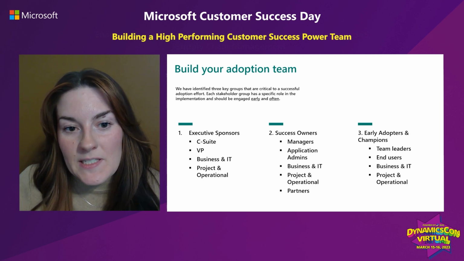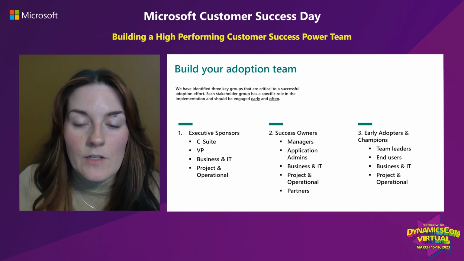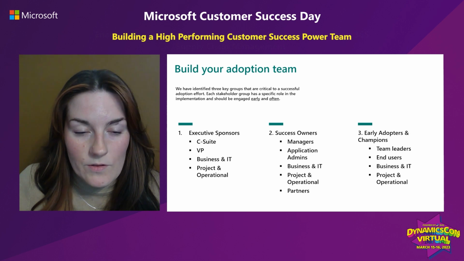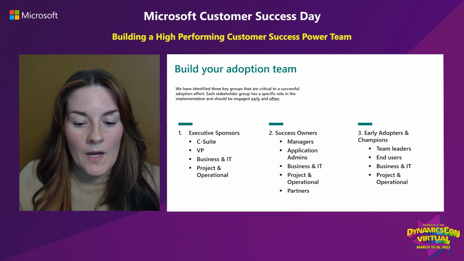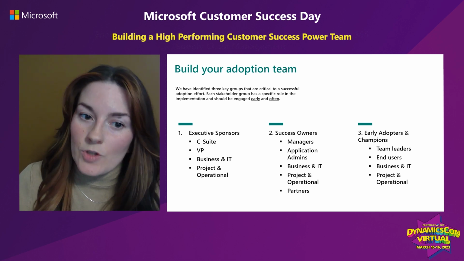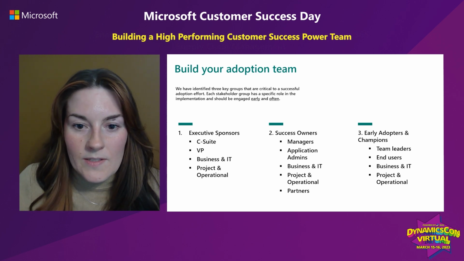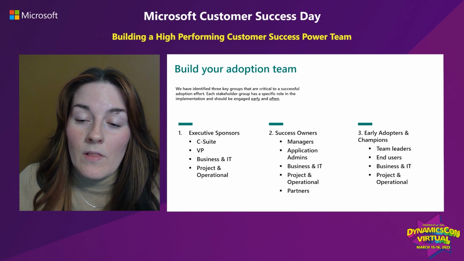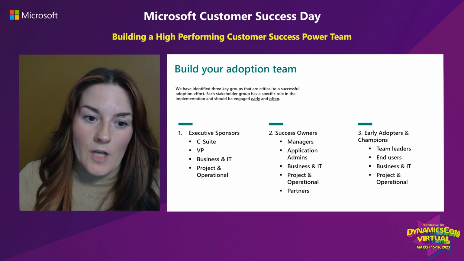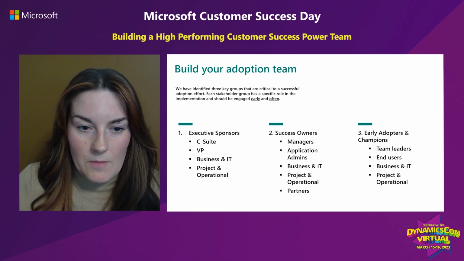Think about the implementation team versus the team that you will need to sustain and grow a solution. And so just as an example of structure, we've seen many customers adopt a COE or a Center of Excellence structure to build out the life cycle of a strong adoption team far past implementation.